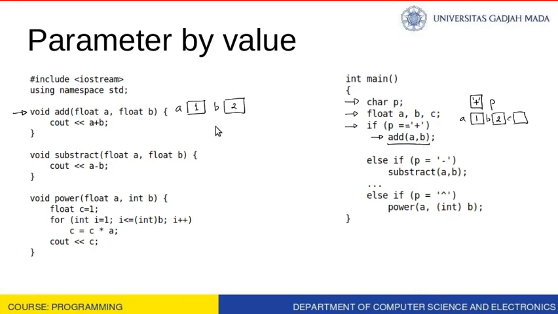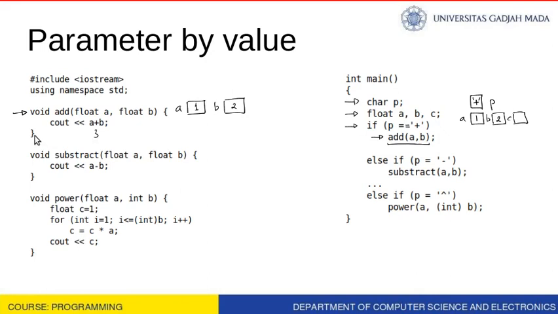In other words, A and B here are just a copy of A and B in the main program. So there are two separate memory allocations, even though the names are equal, they are separate. And then here I print out A plus B, which is 3.